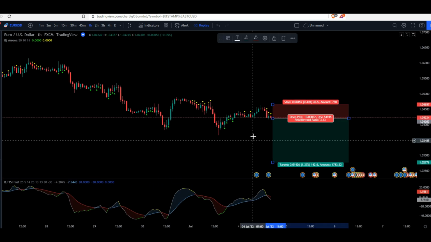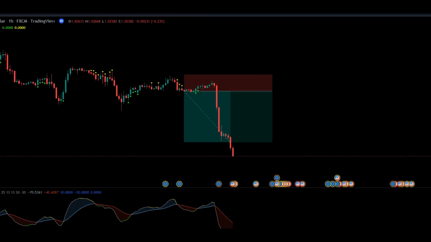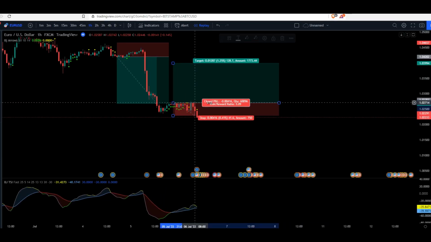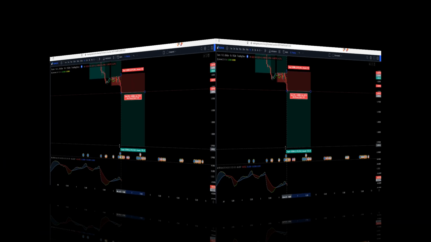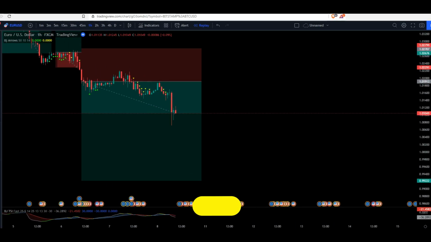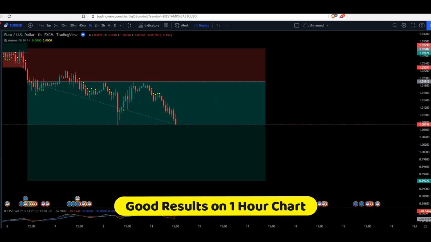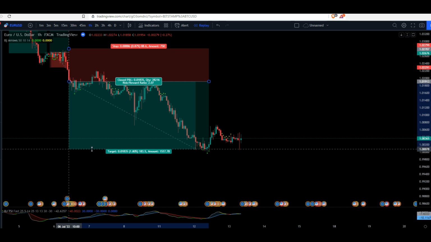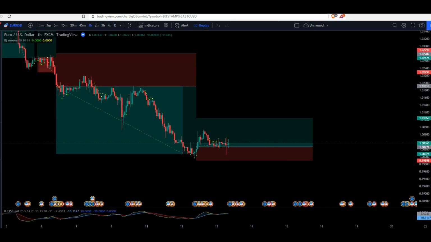Instead of that, I utilized potential support and resistance levels as a target take profit. So far, this strategy was working and I thought to test it on a daily time frame.